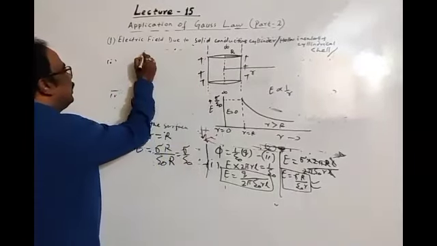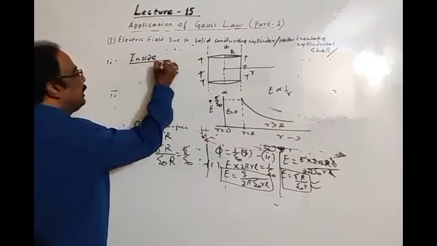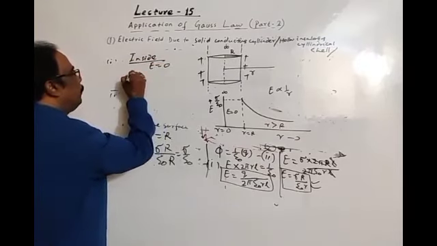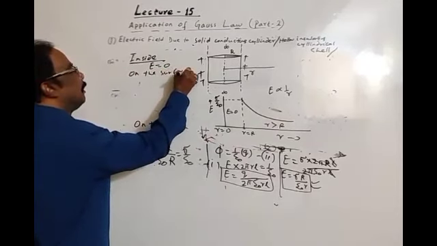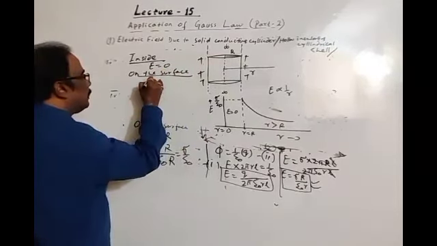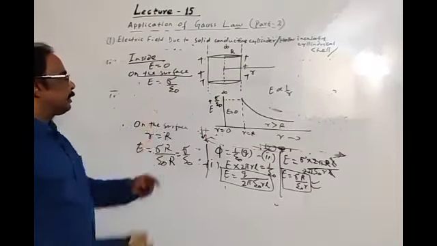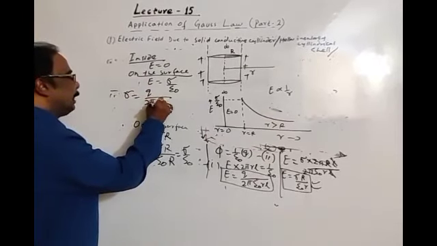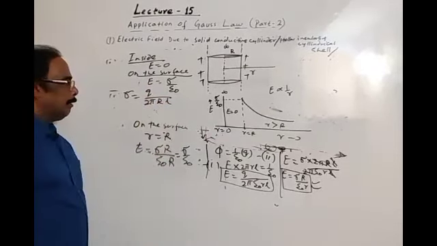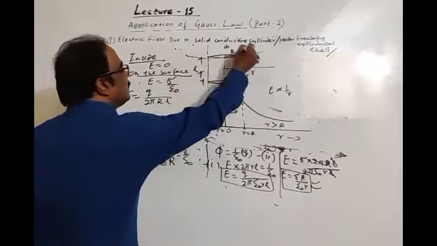So again, inside the cylinder, electric field is 0. On the surface, if radius is capital R, the electric field is sigma divided by epsilon naught, where sigma is charge per unit surface area, 2 pi RL. Okay, we have considered length L for the Gaussian surface.